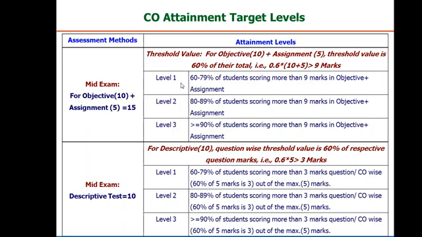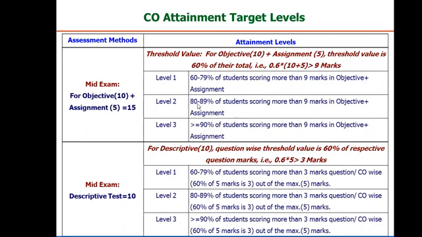Coming to level 1, first we have taken the minimum as 60 percent. So if 60 to 79 percent of students in a particular class scored more than 9 marks in objective plus assignment together, you can make it level 1.